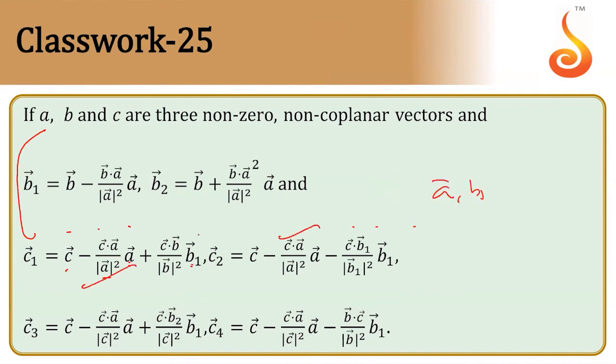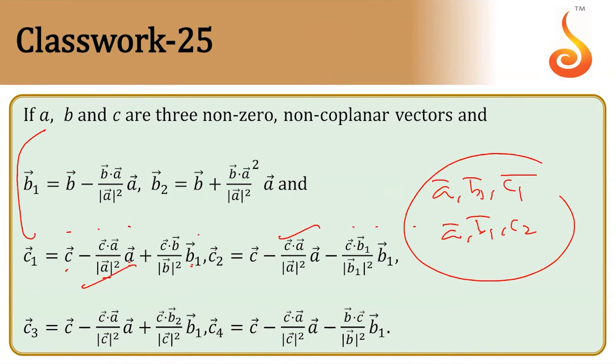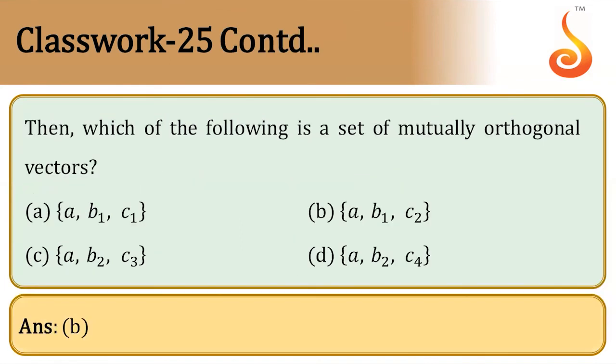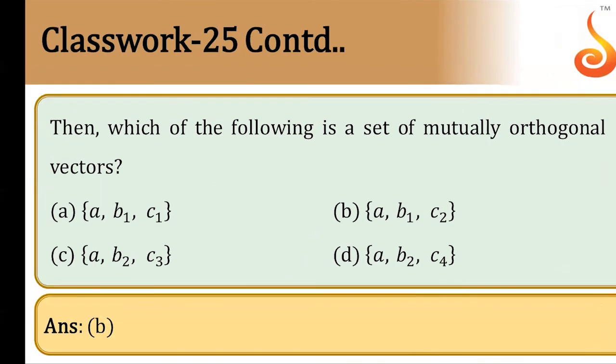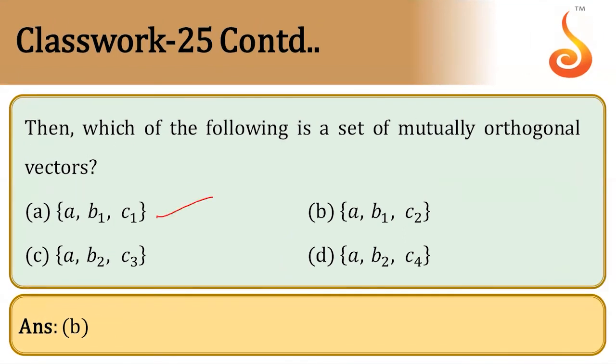The A, B1, C1 combination is correct, and A, B1, C2 also correct. Just look at the options. These two are correct, so A and B both are correct. That is the answer here. You don't need to check the other options. C3 doesn't work. C4 doesn't work.